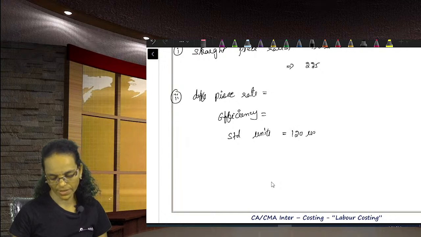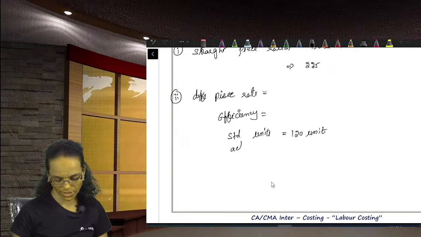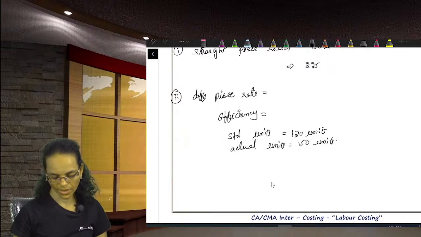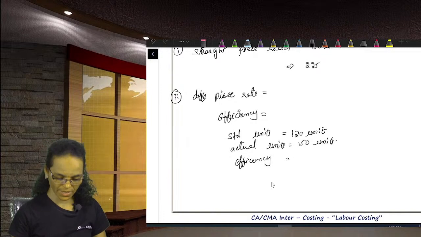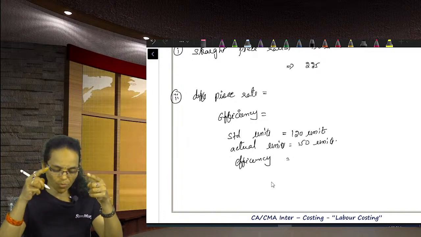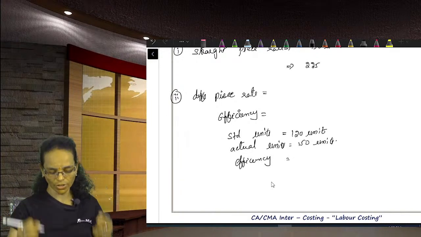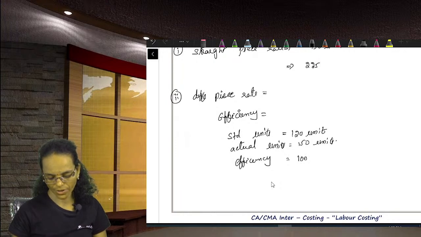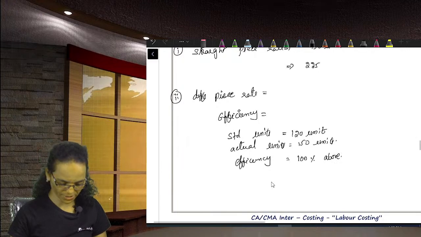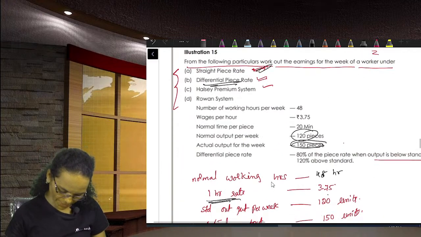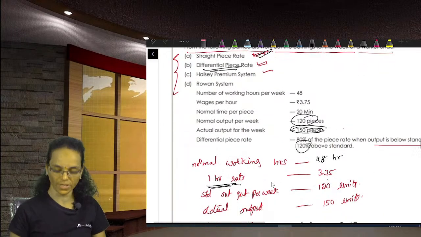It means efficiency is more than 100%. They asked us to produce 120 units, we produced 150 units. So efficiency is above 100%. So he will be paid 120% of the piece rate.